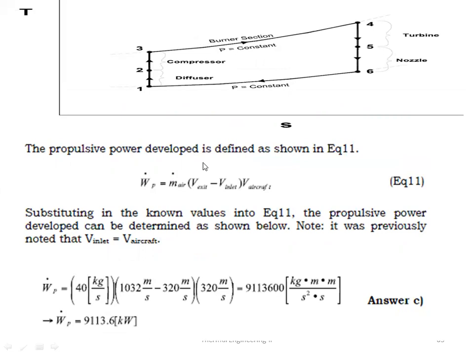The propulsive power can be written as W_P is equal to the mass of air into velocity of exit minus velocity of inlet, into velocity of aircraft.